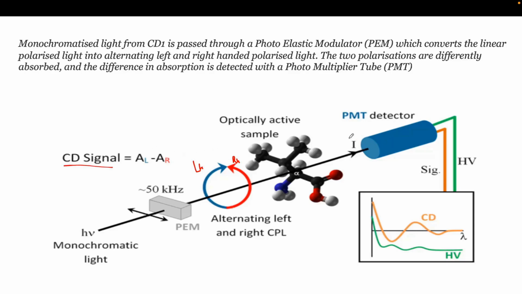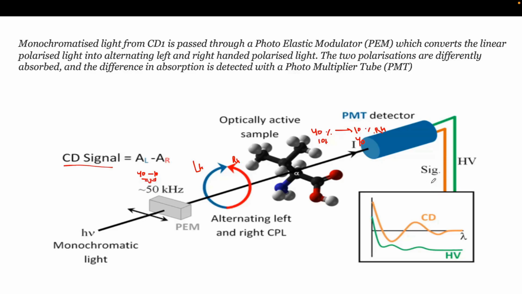Suppose 40% out of 50% of the right-handed polarized light is absorbed, and only 10% is transmitted, whereas the left-handed polarized light is 40% transmitted and only 10% is absorbed. So the signal will be 40 minus 10, which is 30. That is identified as the CD signal here.